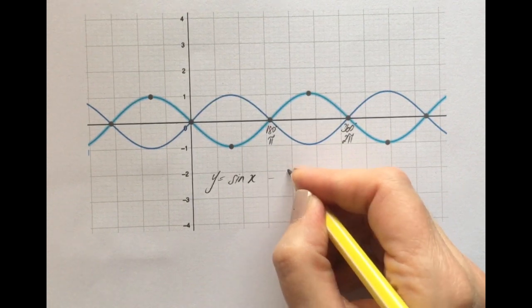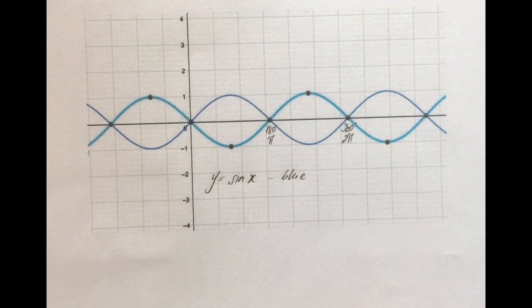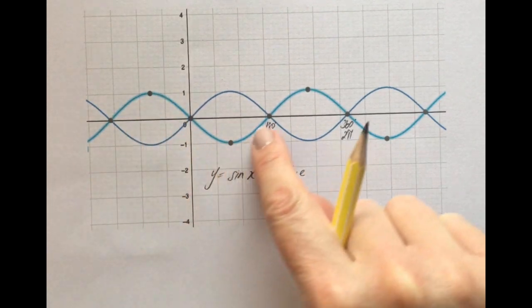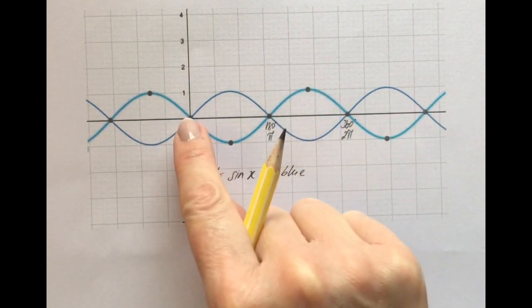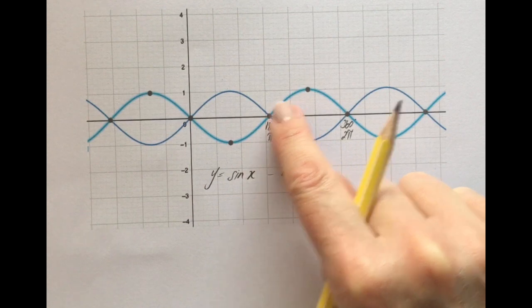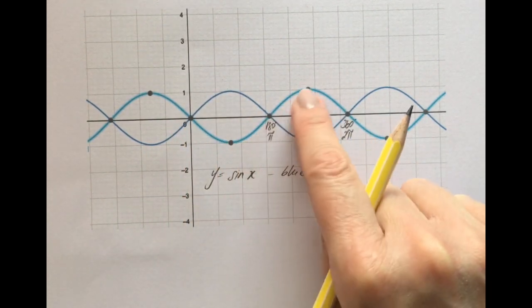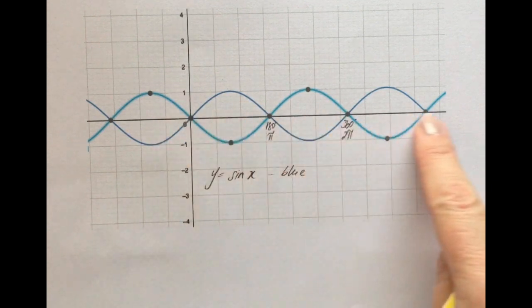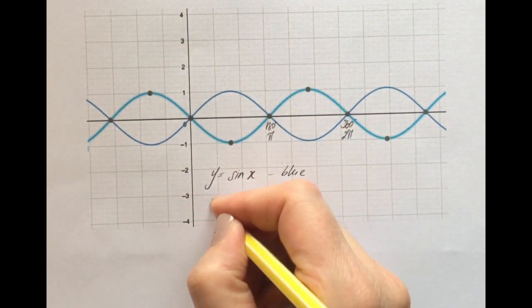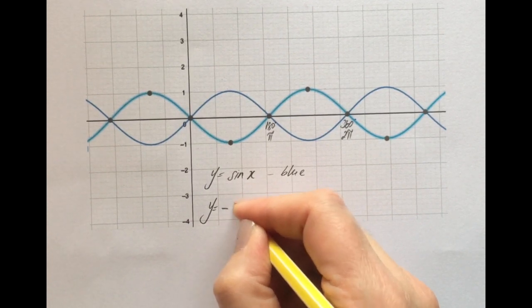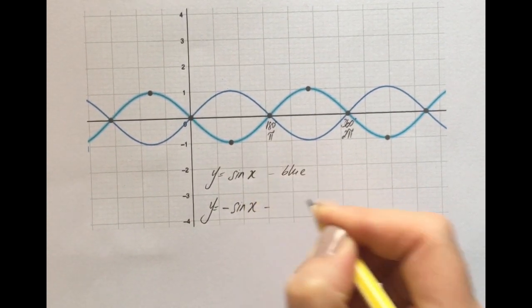Now what we have in turquoise is that original shape reflected in the x-axis, and the effect that has is a minus sine x.